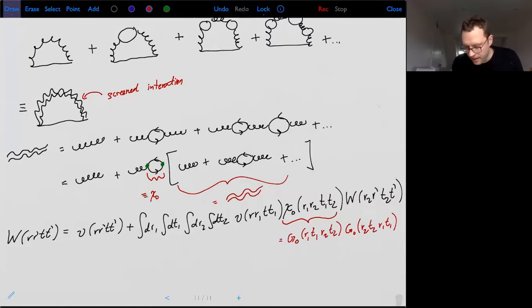In practice, what you do is you again Fourier transform this equation from time to frequency space, and you work in a basis. Now, you could either work with a basis of Kohn-Sham orbitals, but you will find that this doesn't have such a nice structure as the equation for the Green's function, in the sense that these quantities are not diagonal in this Kohn-Sham basis.